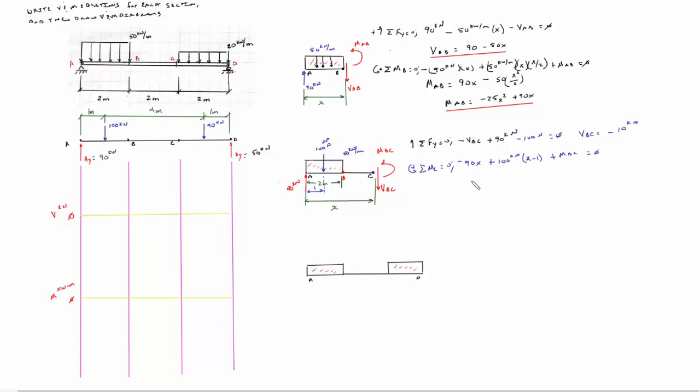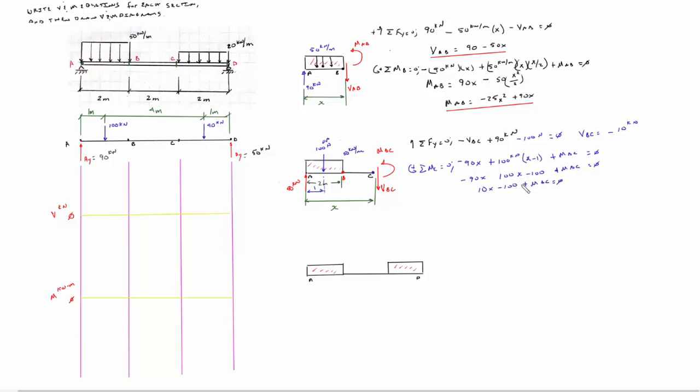So let's see if I got this right. I'm going to multiply this out, so it's going to be 100 times x minus 100 minus 90x plus MBC is all equal to 0. So here I'm going to get 10x minus 100 plus MBC equal to 0.